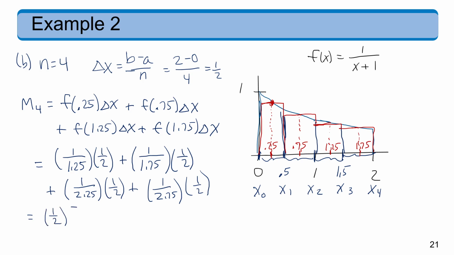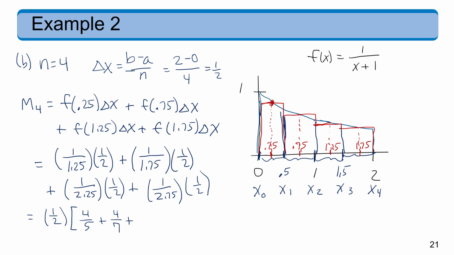Okay, so in the first term, we have 1 over 1.25, but let's rewrite that. 1.25 is 5/4, and this is the reciprocal of that, so that's 4/5. Now the 1.75, that's 7/4, and we have the reciprocal of that, so 4/7, and we factored out the 1/2.